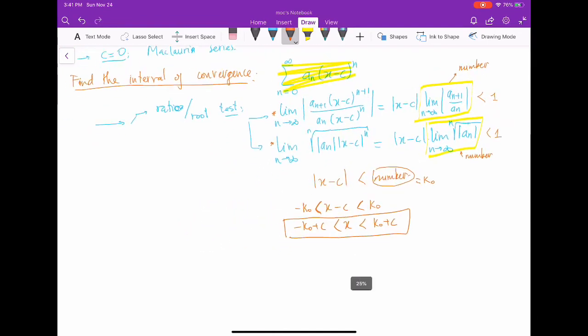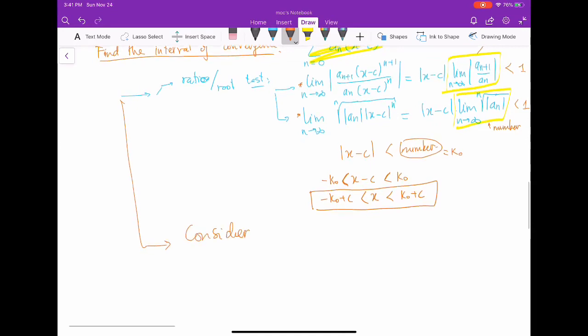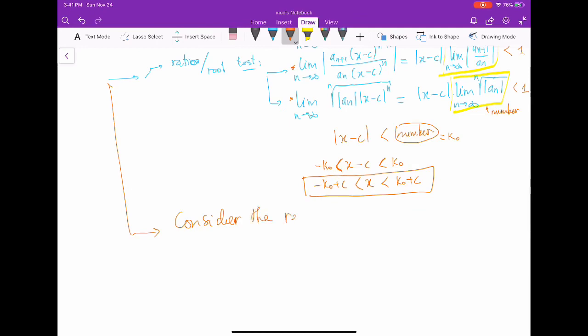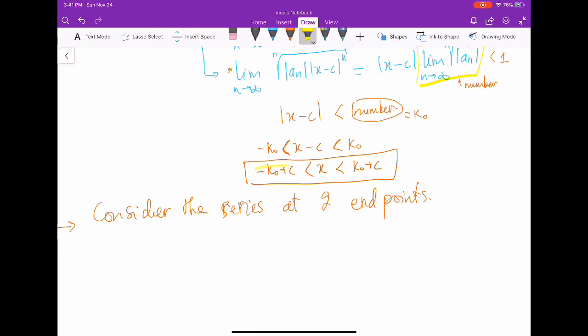That is just the first step. The second step you need to do is to consider the series at the two endpoints. The first endpoint is this one, and the second endpoint is that one. So you plug each into your original series, the sum of a_n (x minus c) to the n, from n equals 0 to infinity.